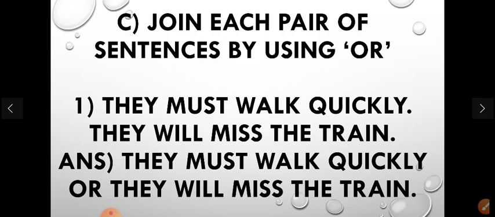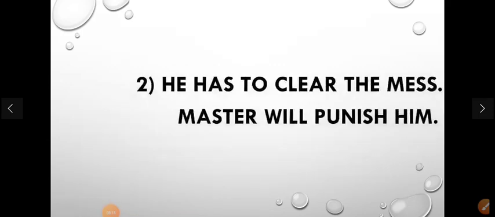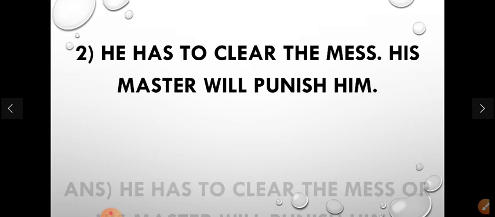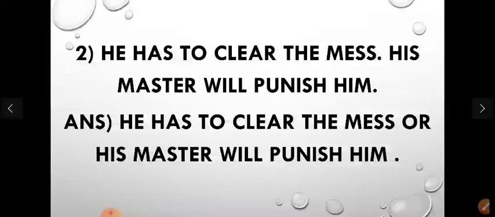Now the second. He has to clear the mess. His master will punish him. So here the answer is, he has to clear the mess or his master will punish him.